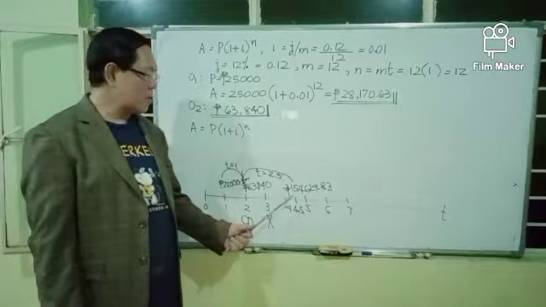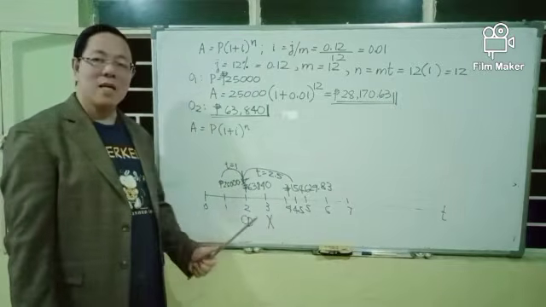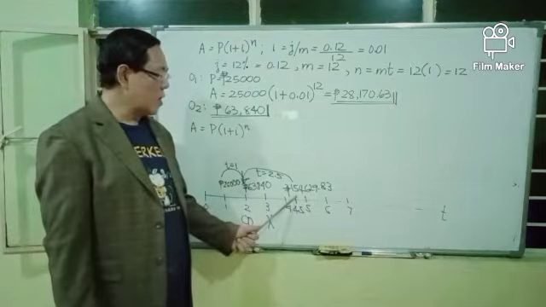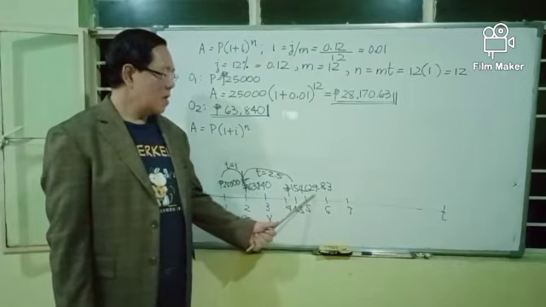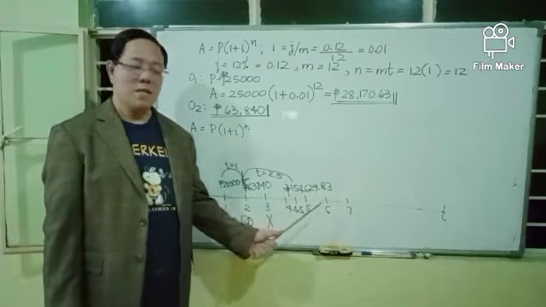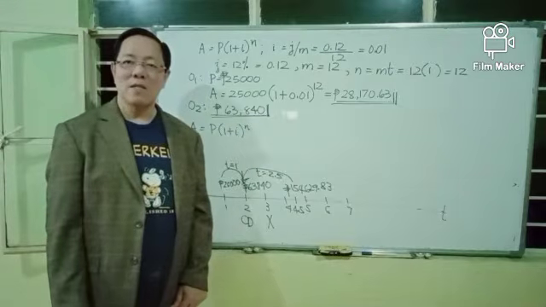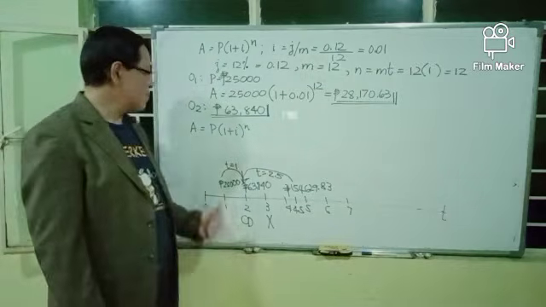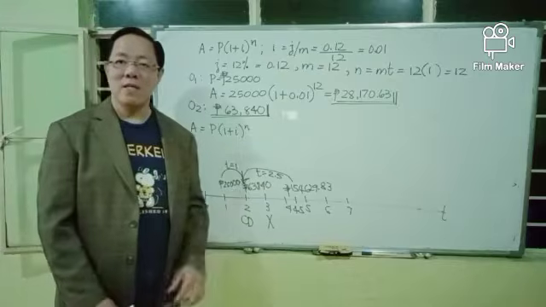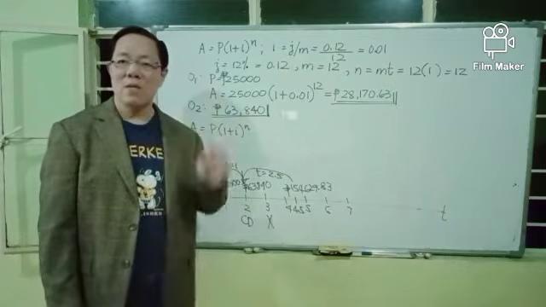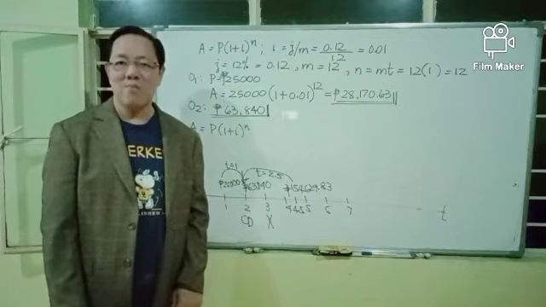And to discount this amount at an earlier date, or to find the present value of 154,629.83 at the beginning of 2 years, is to find the P using the interest rate that Mr. X has agreed with the bank, which is 12% compounded monthly.